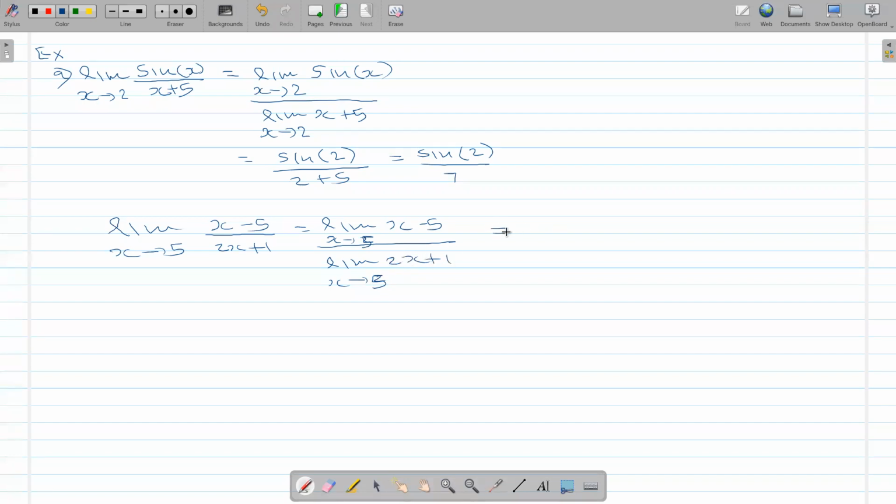Here, when I plug in, at the top I get a 0 numerator. Denominator, I get 10 plus 1, 11. But 0 divided by any number is 0, except another 0.